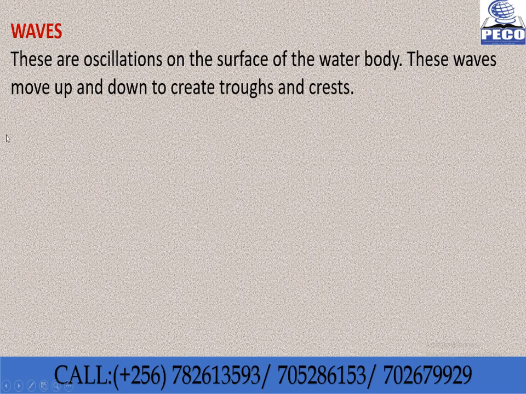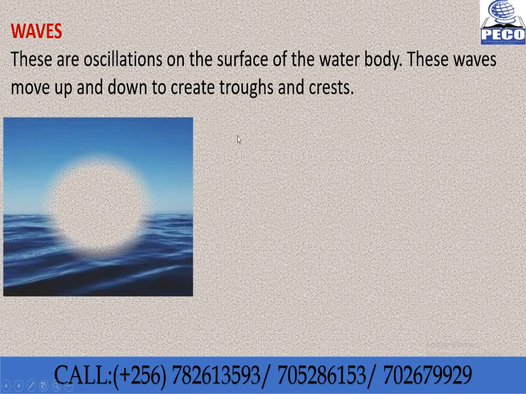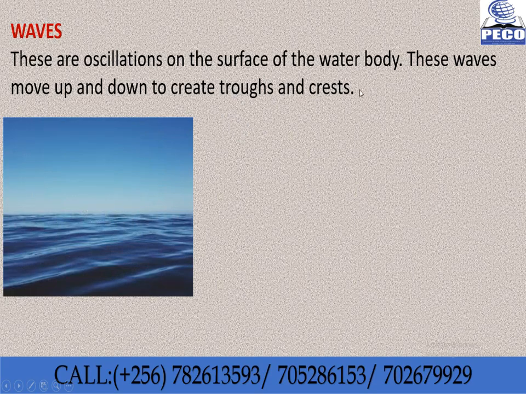These waves move up and down to create troughs or crests. So as they are moving, either onshore or offshore, they keep on turning or moving up and down, and they form what we call troughs or crests.